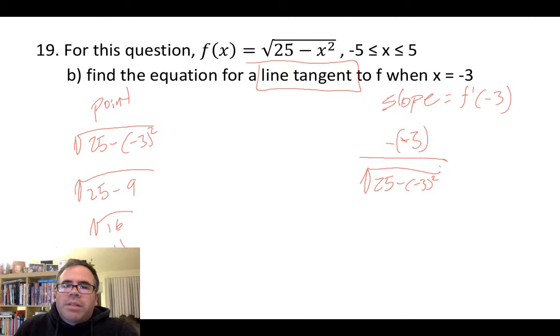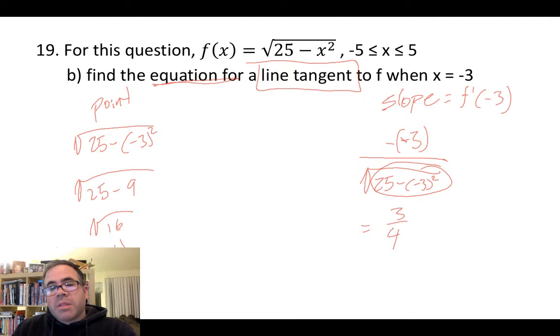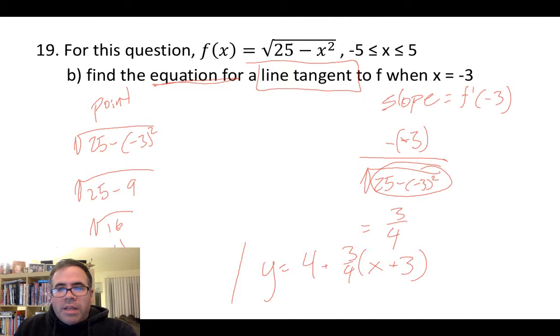We already know what this part is. We just did it. It's over here. This part is 4. So this becomes 3/4. That's our slope. So when we want the equation, we still need the equation. We have the parts. We're going to use point slope. So y equals 4 plus 3/4 times x plus 3. And that will be a good final answer.